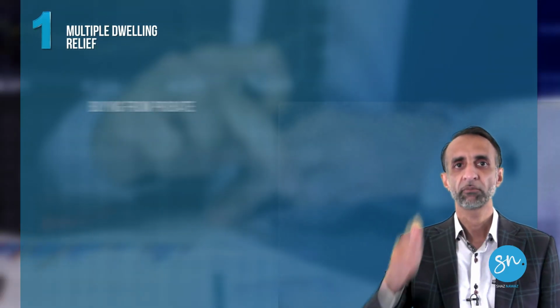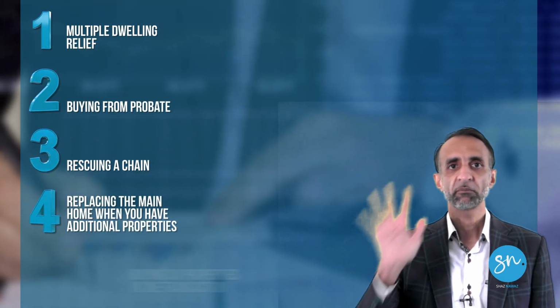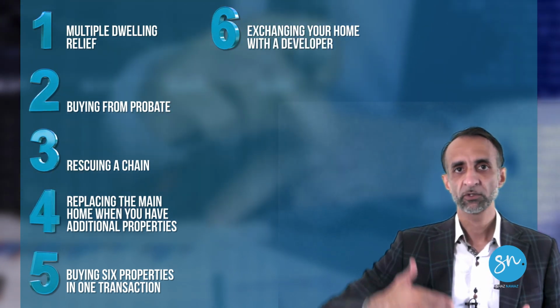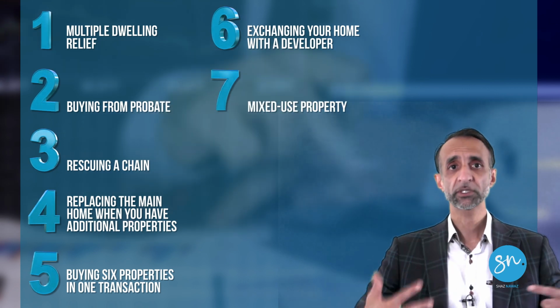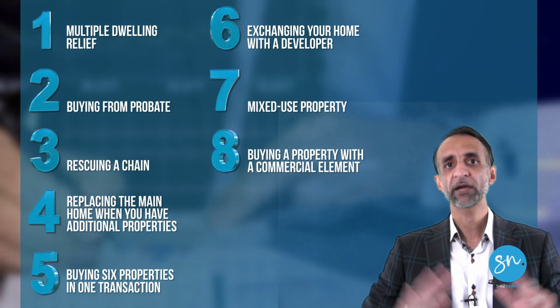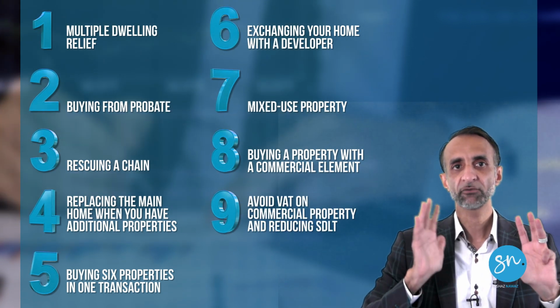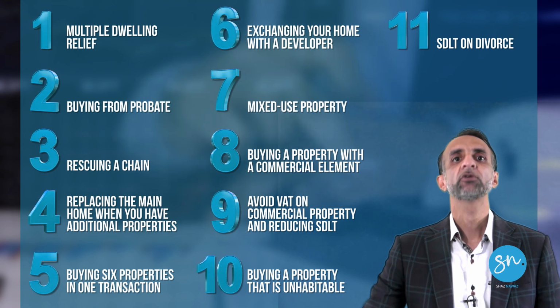In this series, I will cover as much as I know about SDLT and especially the following: multiple dwellings relief, buying from probate, rescuing a chain, replacing your main home when you have additional properties, buying 6 or more properties in one transaction, exchanging your home with a developer when you buy a new one and give yours as a trade-in for want of a better expression, mixed use property, i.e. buying commercial property with residential uppers, buying a property with a commercial element, i.e. having BT or someone pay you for using your land and property, avoiding VAT on commercial property and reducing SDLT, buying a property that is uninhabitable, and SDLT on divorce, to mention but a few.